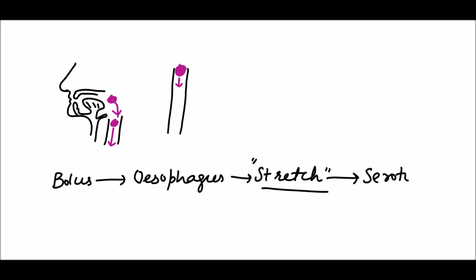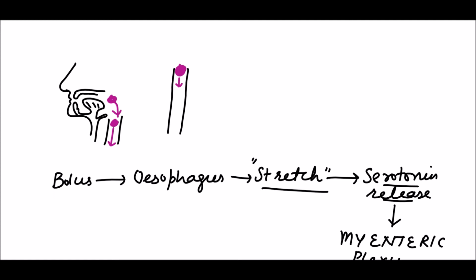This stretch causes release of a chemical neurotransmitter called serotonin. This stretch results in release of serotonin from the esophageal muscle, and this serotonin causes activation of a component of enteric nervous system, which is called myenteric plexus. So release of serotonin. Here is another image.